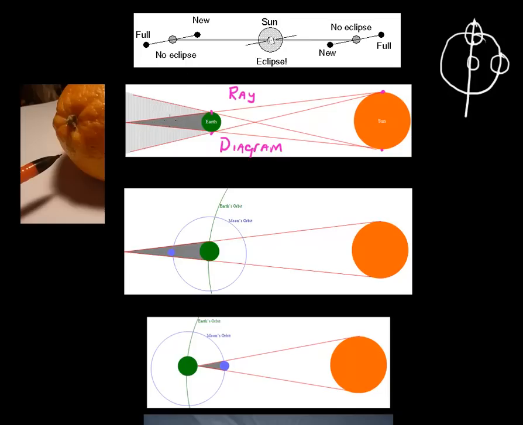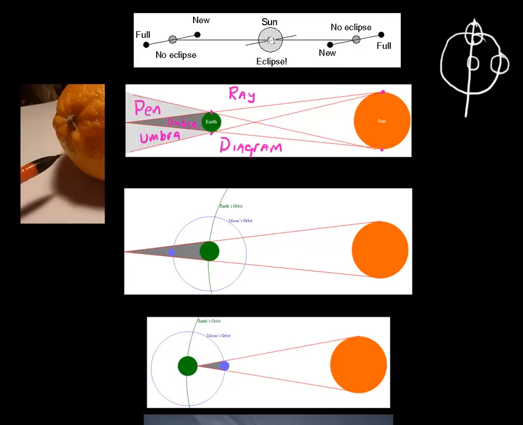This inside part is called the umbra. Umbra, like umbrella, means you're blocking out. 100% total blockage in the umbra. This outer part is called the penumbra, all one word. In the penumbra, you tend to get more light.